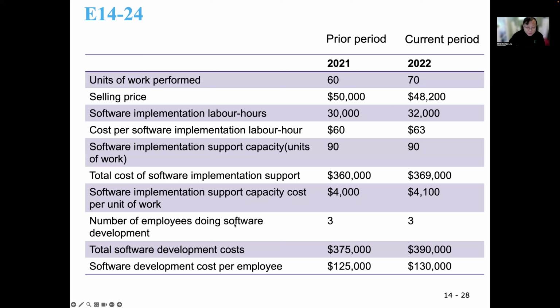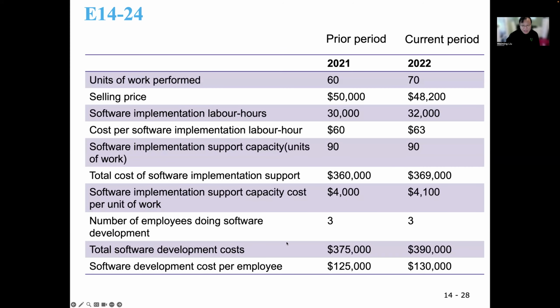Number of employees doing software development: 3 people, no change. Total software development cost is 375,000 and 390,000. So the cost per employee is 375,000 divided by 3, which is 125,000, and 390,000 divided by 3, which is 130,000. Okay, so this is the information.